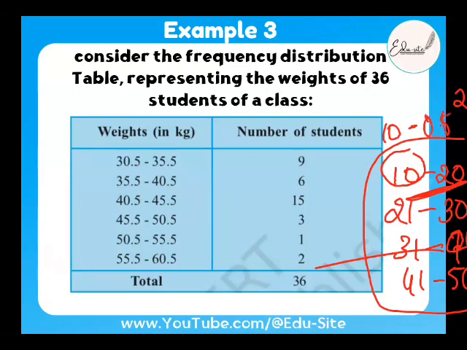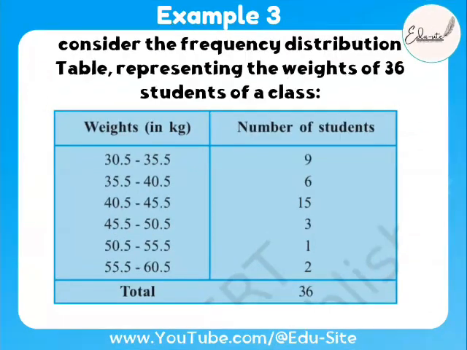So 10 minus 0.5, and for the upper class you have to add 0.5. You have to subtract 0.5 from the lower class and add 0.5 to the upper class. Then the class intervals become continuous. Fine? Just one change you have to make, okay, Laiba? Yes, Alhamdulillah. So we'll go to the exercise problem.